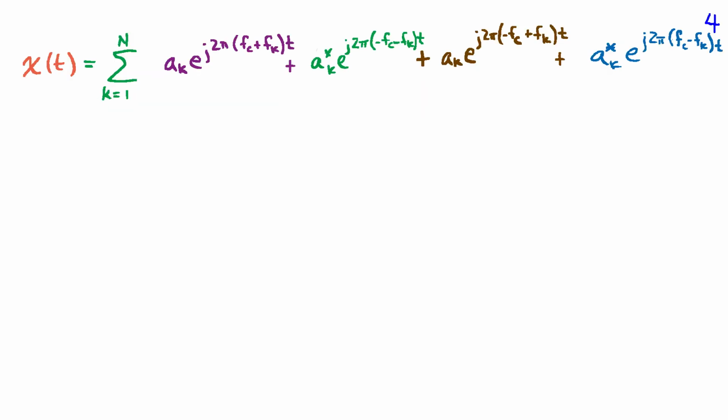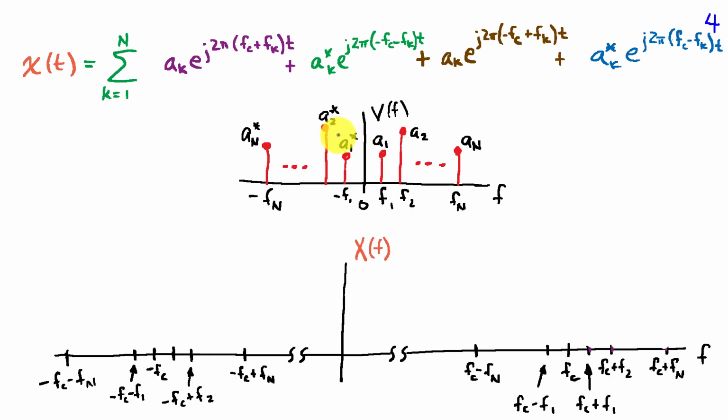It's easiest to understand this using a graphical depiction. So I've restated this equation, and I've color-coded all the terms to go with the graph that I'm going to draw. So here I have my original signal spectrum, V of f, and recall x of t is when I use v of t to modulate the amplitude of a cosine with frequency f_c.